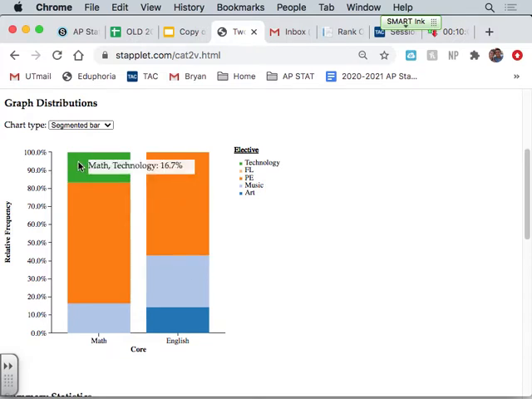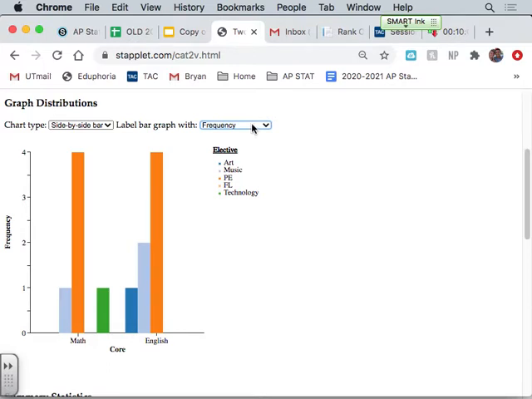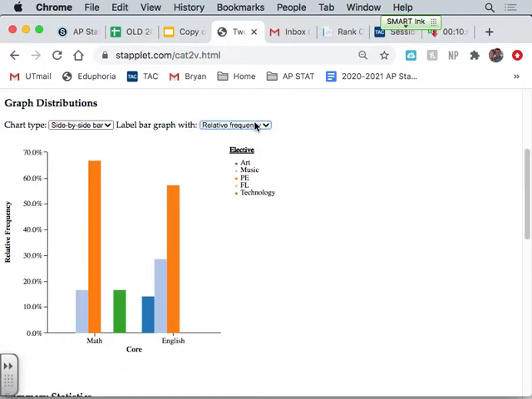Okay, so hopefully yours looked something like this. So we got our segmented, we have our side by side, and then it said something called mosaic, which we're going to talk about after our break. So here's my side by side, relative frequency or frequency. You can do either one. There is a difference on this one though, like I was talking about.